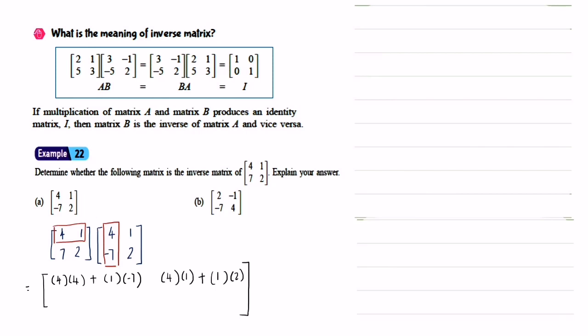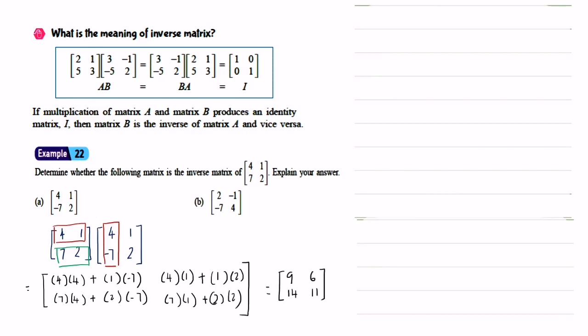Okay, second row, 7 times 4 plus 2 times negative 7 and 7 times 1 plus 2 times 2. And the product is 9, 6, 14, 11.